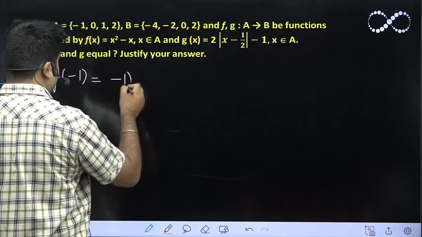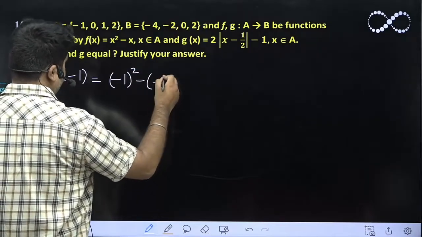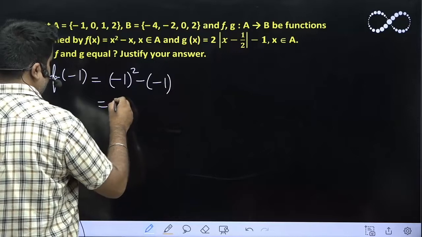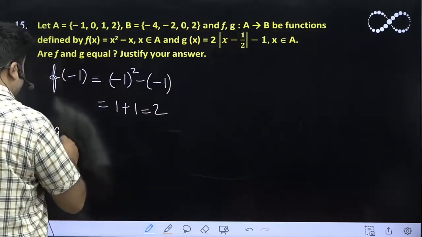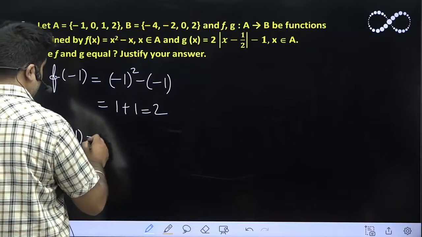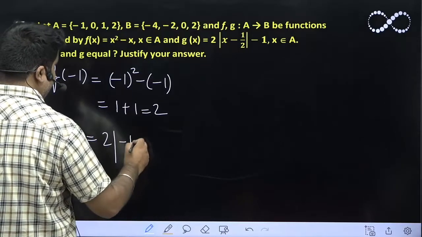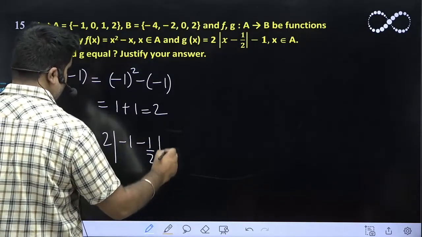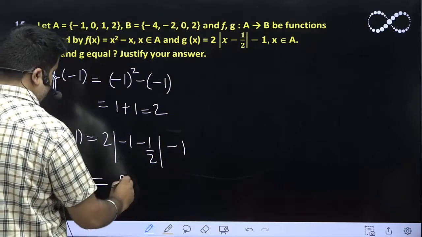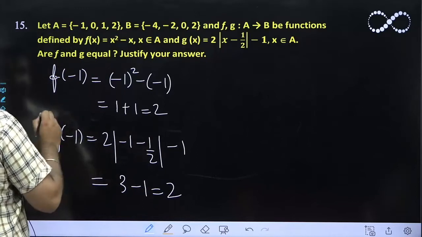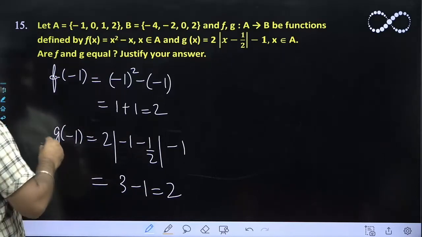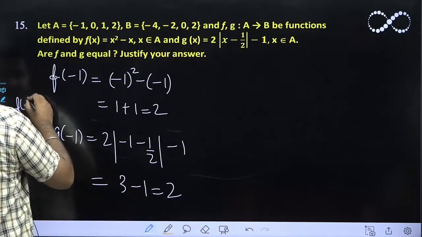This is minus 1 square minus minus 1. So 1 plus 1 is 2. What is g of minus 1? 2 times minus 1 minus 1 by 2, minus 1. So 3 minus 1, this is 2. So f of minus 1 and g of minus 1 are both equal.